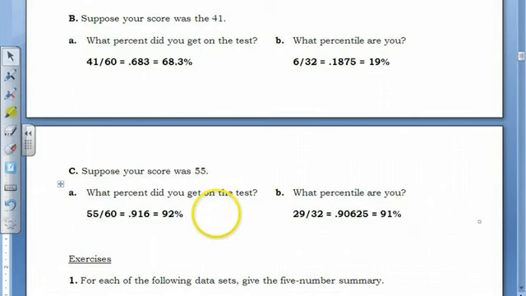So I scored a 92% on the test. That's what percent I got on the test. I scored better than 91% of the students in the class, so I'm in the 91st percentile.